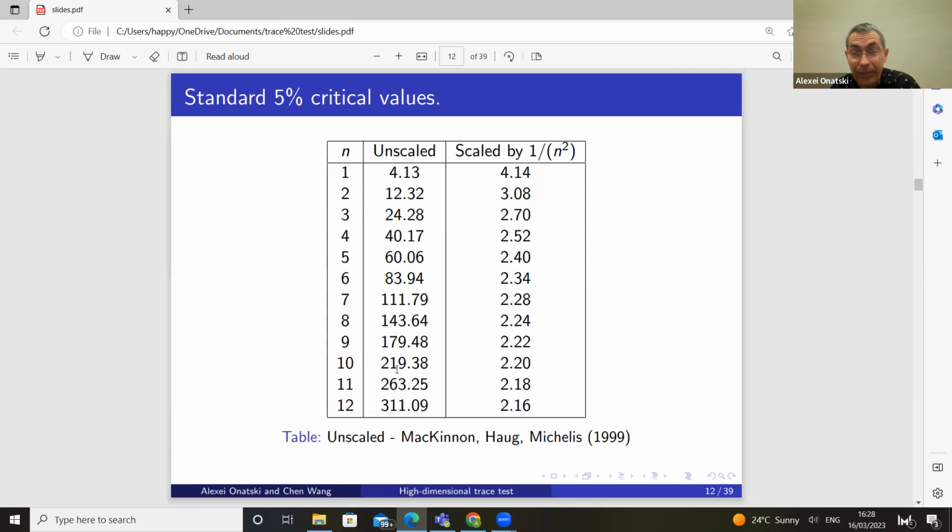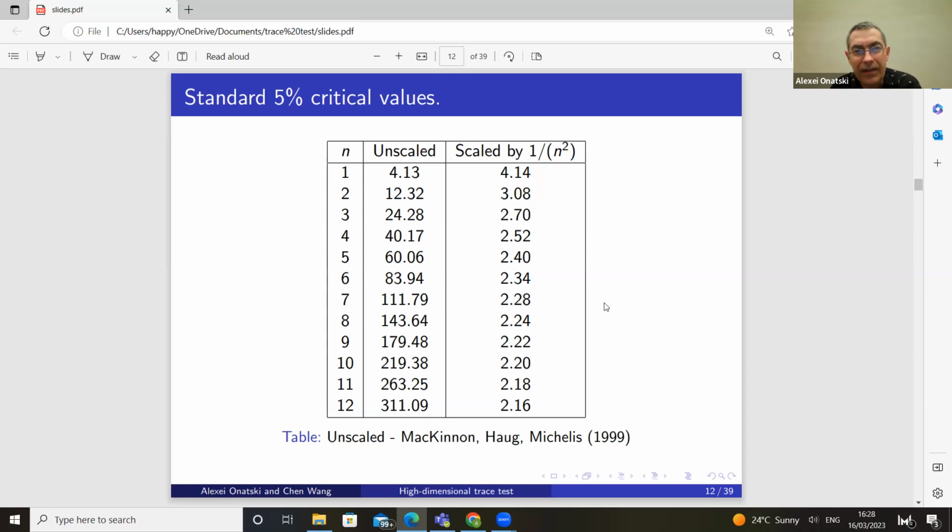Well, this previous result is basically saying that if you divide everything by n squared, then everything will simply converge to 2. So all these strange numbers are nothing else than 2 multiplied by n squared. And well, this is just a fun part of this thing.